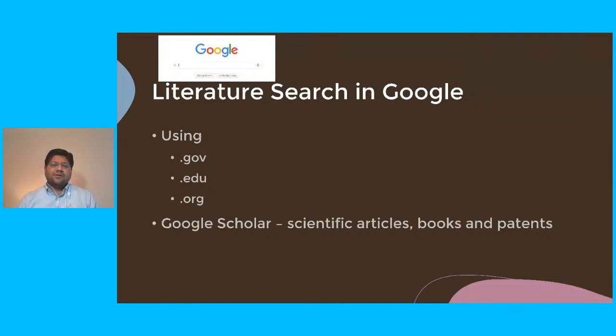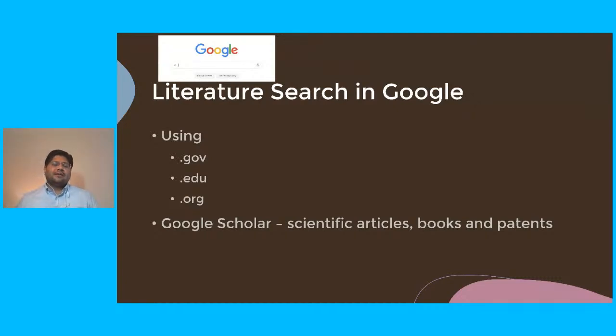There are two ways which you can do that. First of all, when I demonstrate the hands-on exercise, I will show you how to restrict your search from Google to three domains: you can restrict your literature search to government websites, educational websites, or organizational websites.